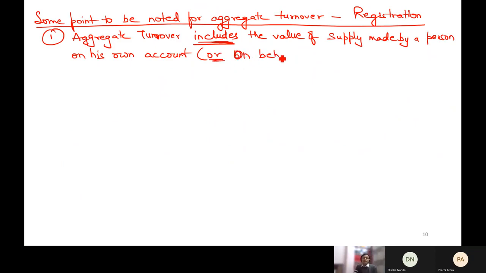So it is a principal-agent relationship basically, on behalf of his principals.